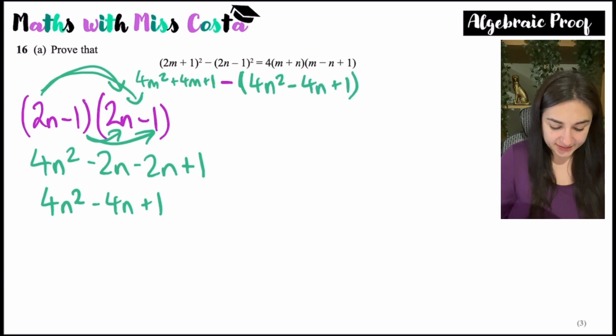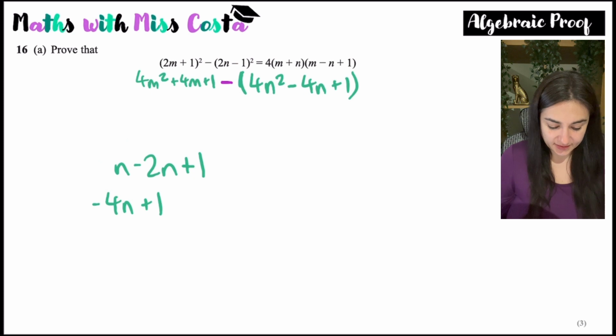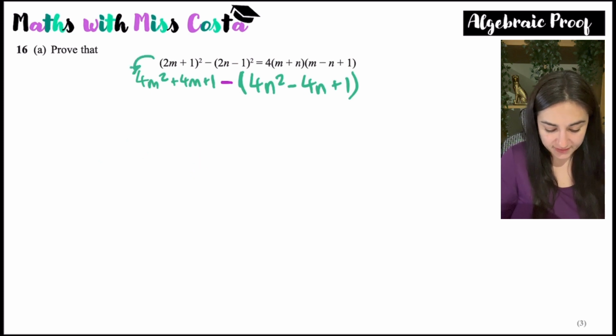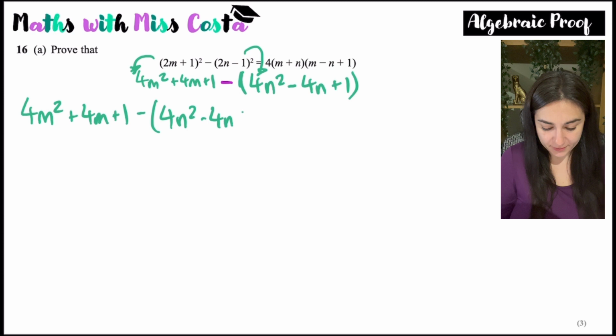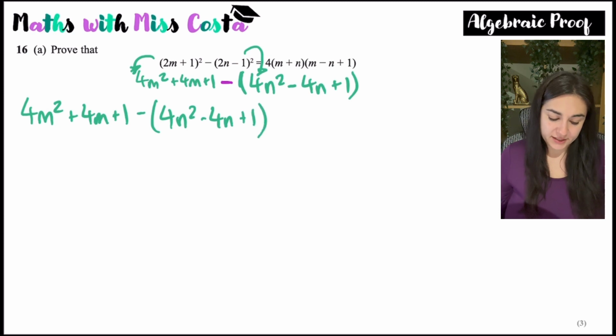Okay, so let's deal with that first. Now, this line of working, you've shown that this expands to this and this expands to this. Now we need to look at how we can simplify that. So let's just write it out again. How could I simplify that? Well, 4m squared, there's nothing in common.